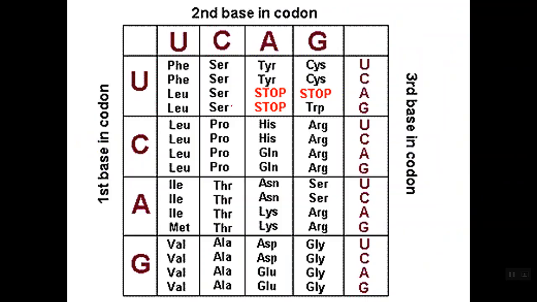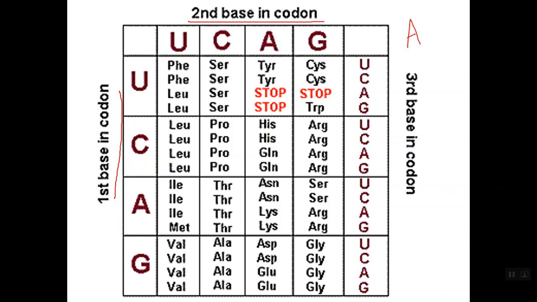This codon chart is the exact same. It has the same information. It's just structured differently. In this codon chart, you start here on the left where it says the first base, then you do the rows first, then you do the columns, and then you do this right side.